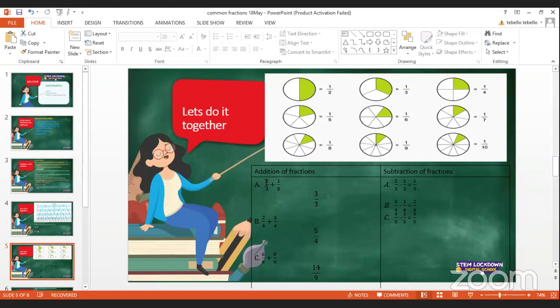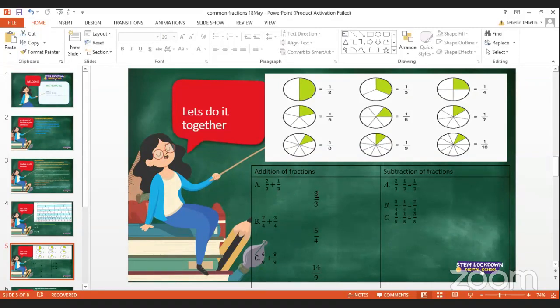Now, so number A, we have 2 over 3 plus 1 over 3. Here's our number A. So when we add them, we'll just do it the traditional way, which is 2 plus 1 equals 3. Yes, correct.